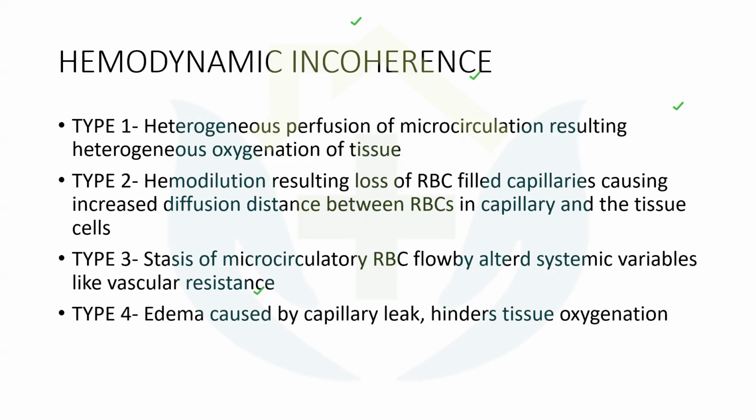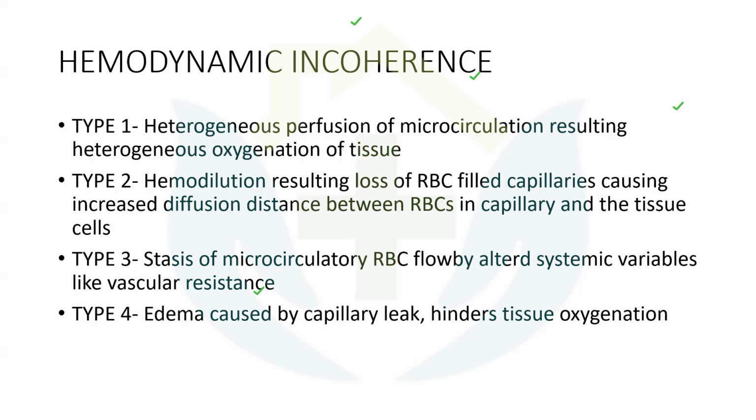Another neglected topic: hemodynamic incoherence. So what happens while resuscitating the patient, we are looking at whether BP is stabilized or not, whether urine output is stabilized or not. But there are two components in shock. One is macrocirculation, another is microcirculation. The main problem of shock is the low perfusion to the end organ and the tissue level.